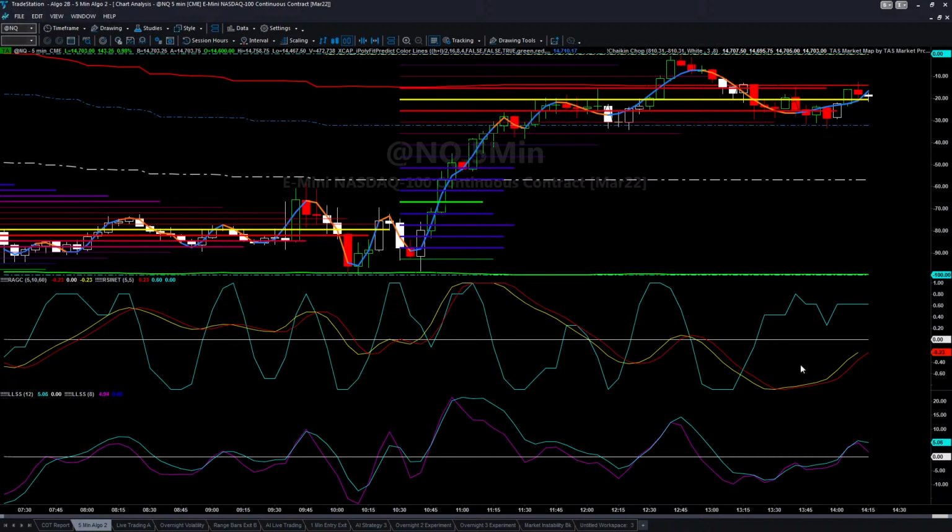Looks like we're in consolidation zone again. It's just right at the cusp. Right there. All right, we got one more minute, and let me go ahead and change it here.